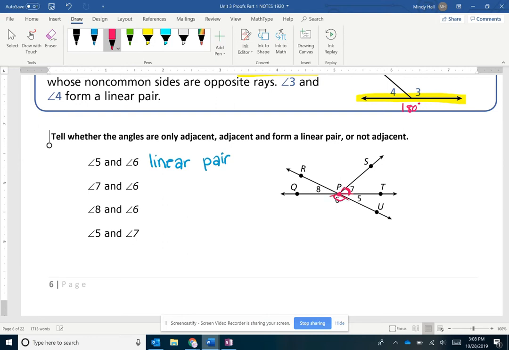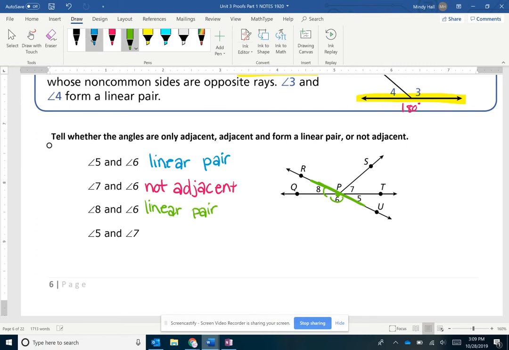So this is not adjacent. Then with angle 8 and 6, they share a vertex and they make a straight line when they're put together. So that makes them a linear pair.